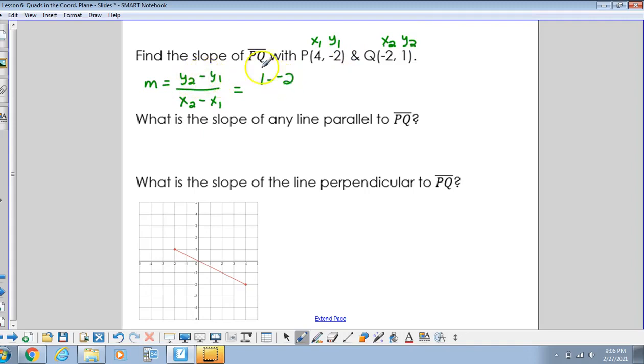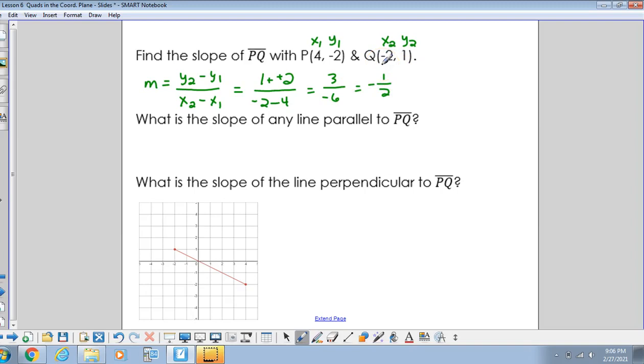This is always a minus, even if this is a negative, we'll calculate that later, over x2, which is -2, minus x1, which is 4. So when we calculate 1 minus -2, minus a negative becomes plus a positive, so we get +3, and then -2 minus 4 is -6, and when we simplify this, we get -1/2.